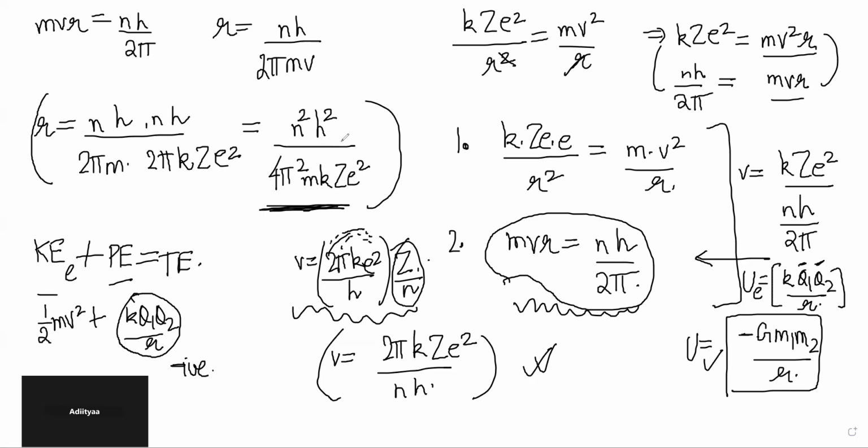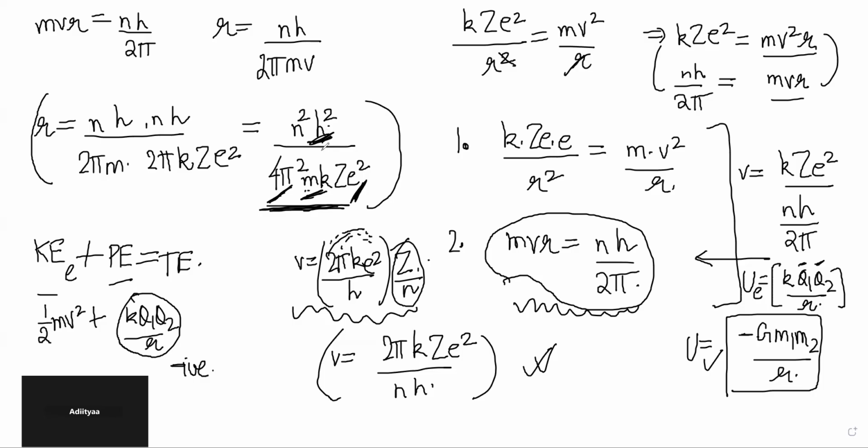Similarly, you can also say that here h square, 4 pi square, m, k, and e square, all of these are constants of nature. m is the mass of an electron, k is Coulomb's law constant, e is charge of electron, h is Planck's constant, right?